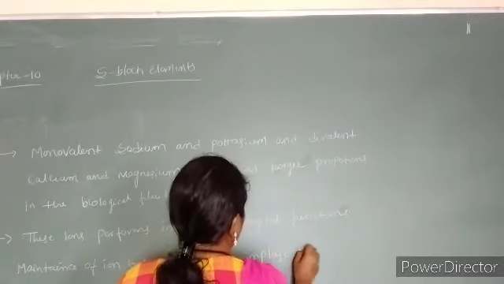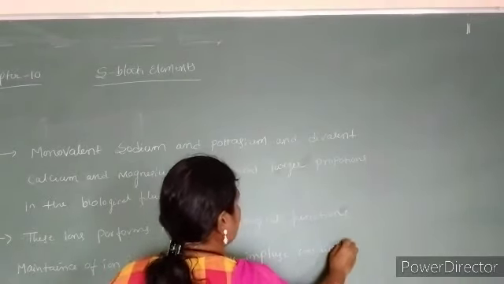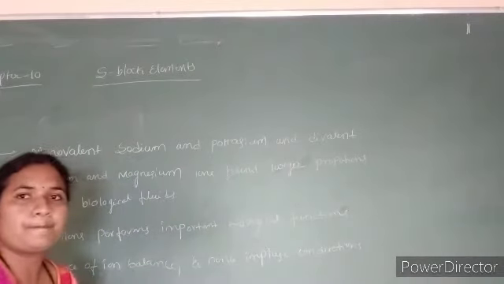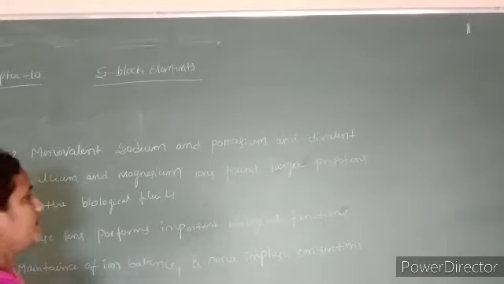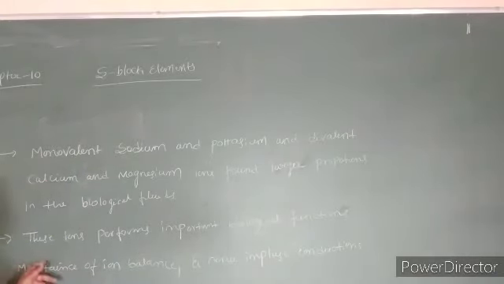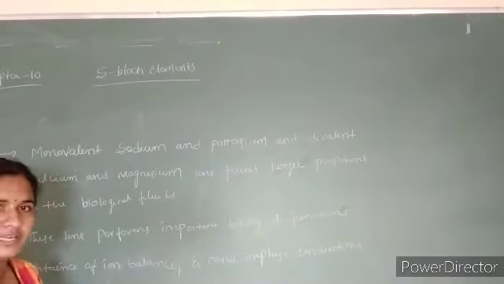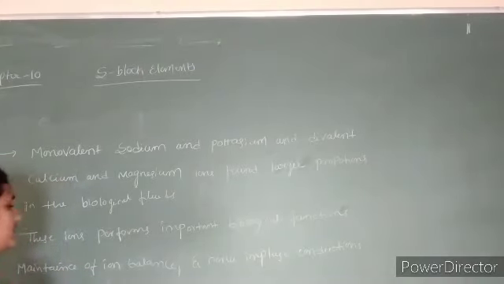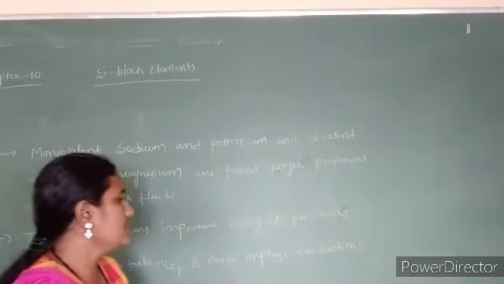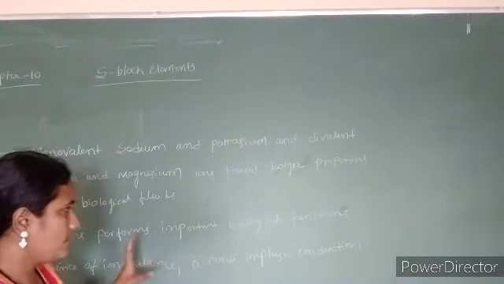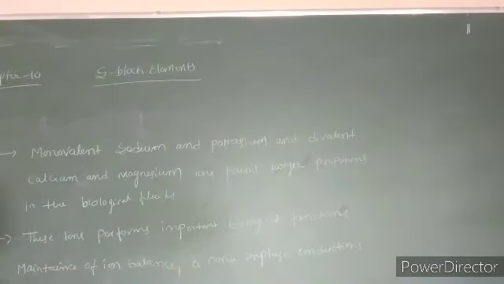That is why these four elements are important in the biological system. Sodium and potassium, calcium and magnesium perform important biological functions such as maintenance of ion balance, that is the sodium and potassium pump, and nerve impulse conduction. So these four ions have important biological functions. So this is about group 1 and group 2 elements.